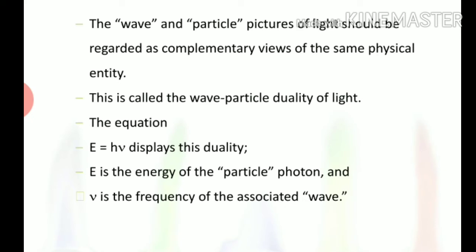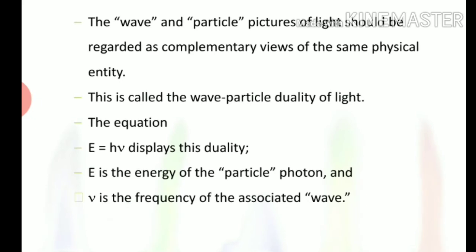The wave and particle aspects of light should be regarded as complementary views of the same physical entity, and this is called wave particle duality of light, which gives the equation E is equal to h nu, where E is the energy of the photon and nu is the frequency of the associated wave.